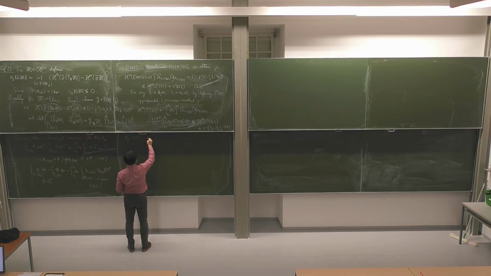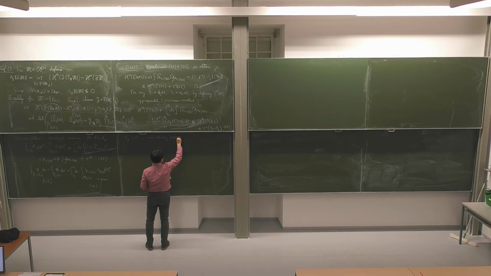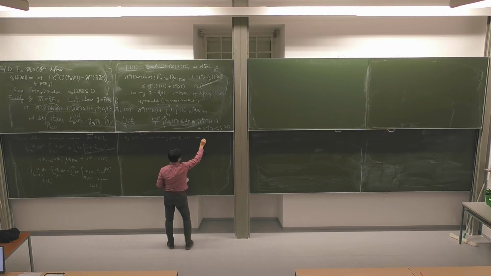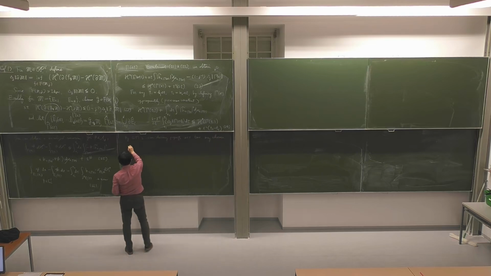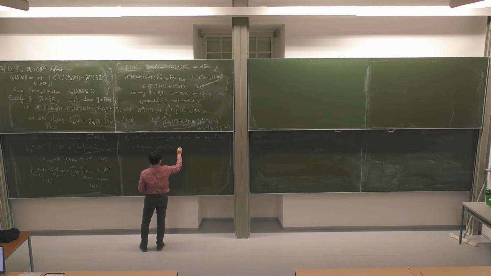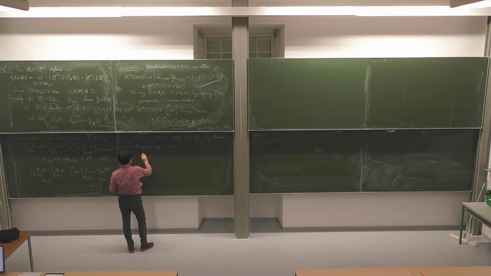By using 25 and a monotone, semi-decreasing property with respect to time, we may choose a subsequence of jk, such that this measure, mu epsilon, well, now we have this j.